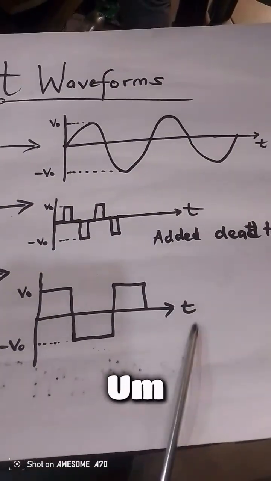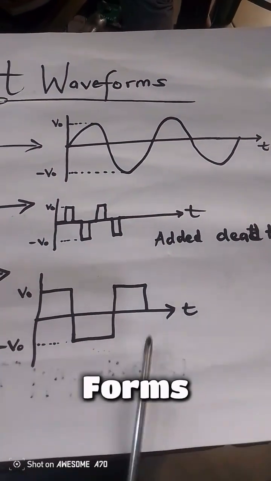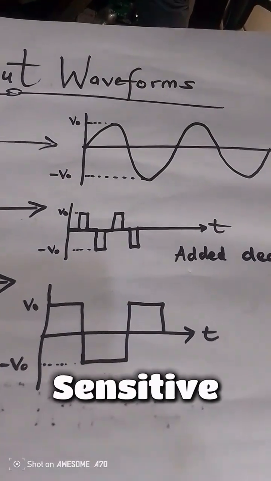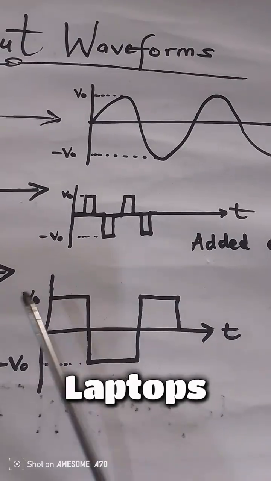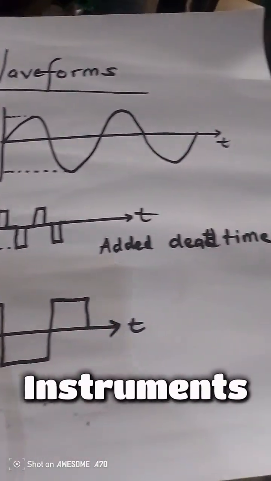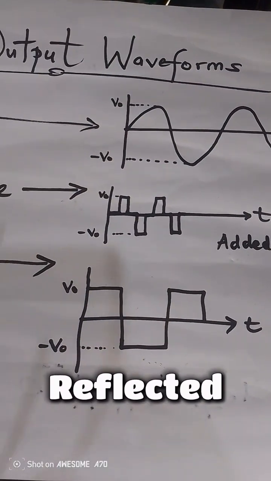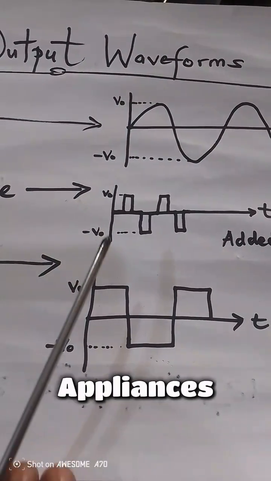Now, you notice that inverters that produce square waveforms, when used with sensitive electronics like your laptops, and musical instruments, produce a buzzing sound that is reflected on those appliances.